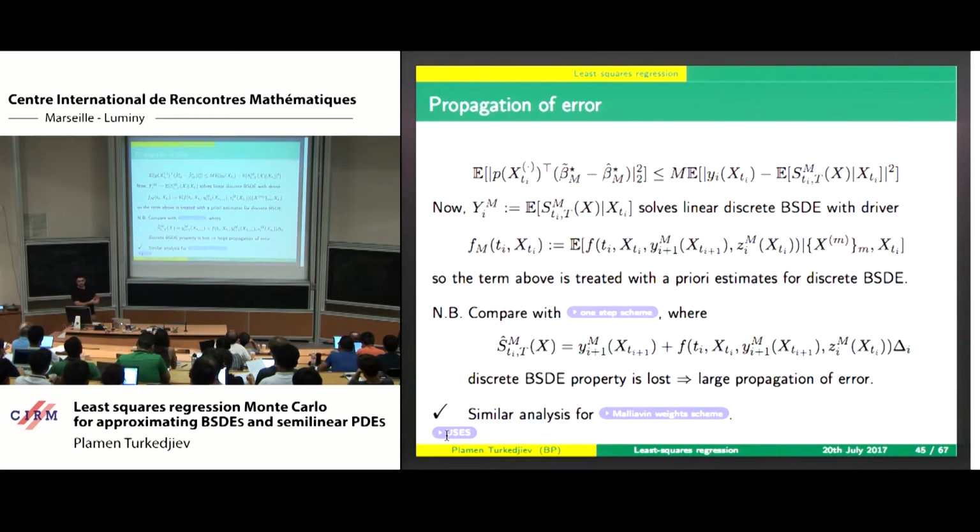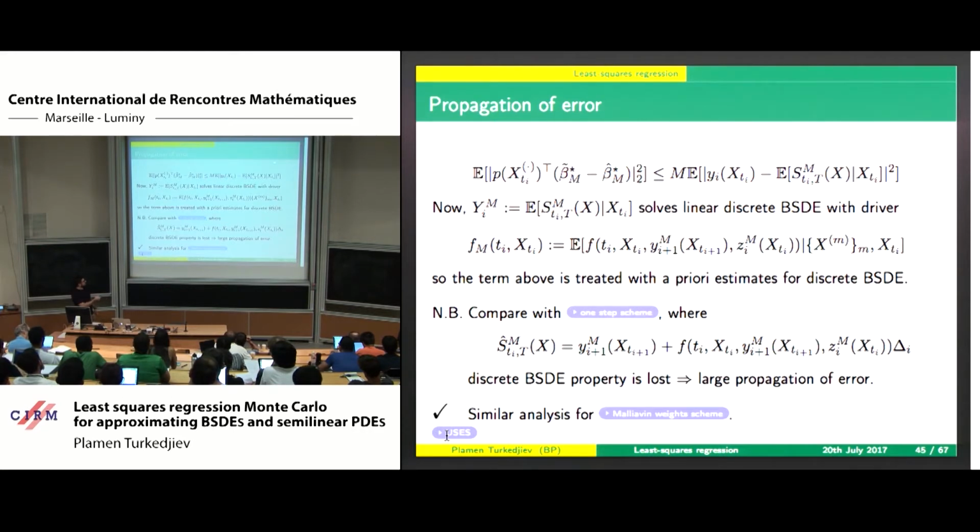So basically what we're doing is we're fixing the y and the z in the second BSDE. So this is basically the difference in the mean square expectation between the original discrete BSDE and this new fake BSDE that we've just constructed.